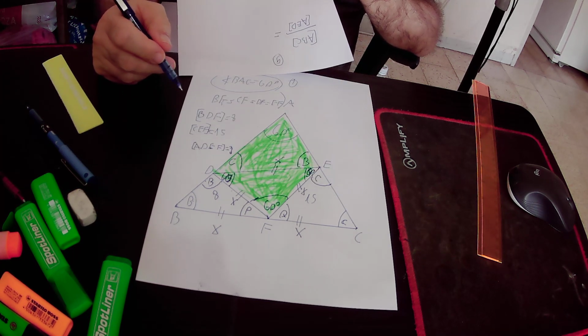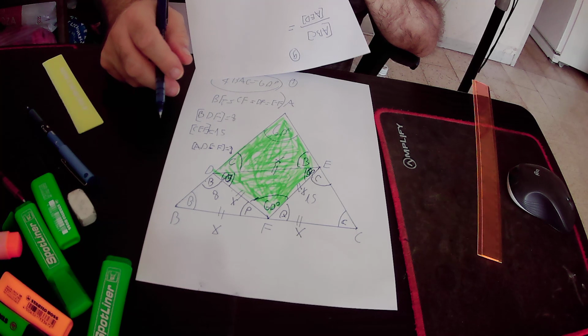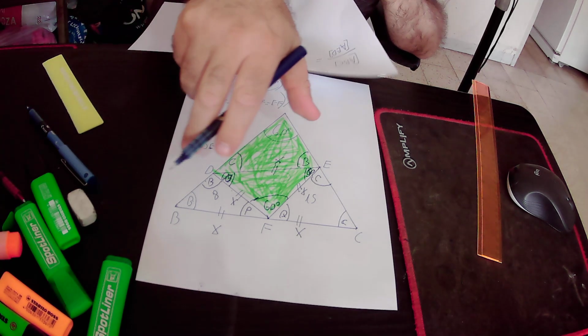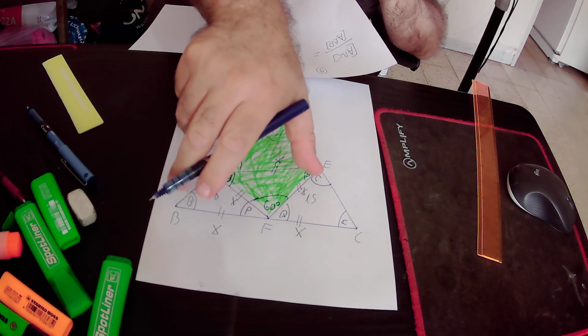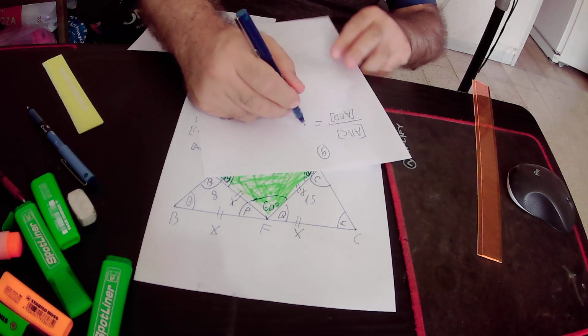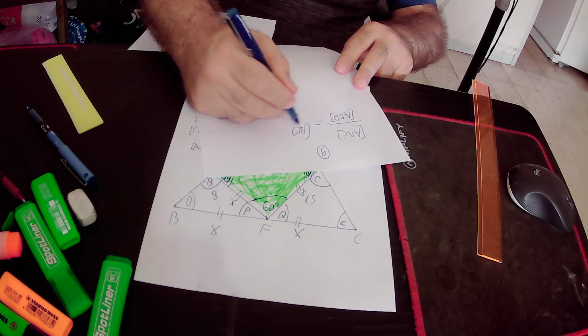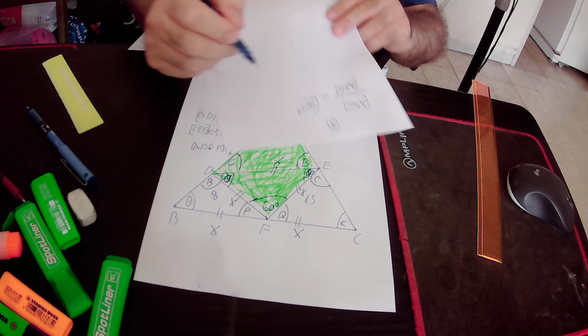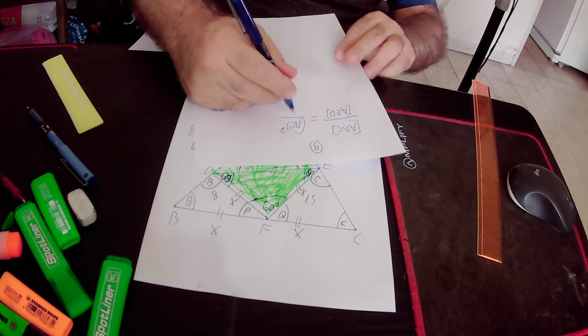So what is the square ratio of their corresponding sides? It is BC square over DE square.